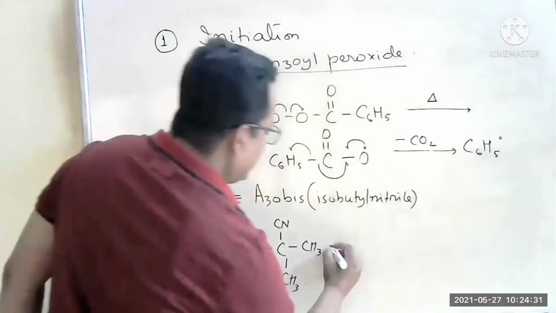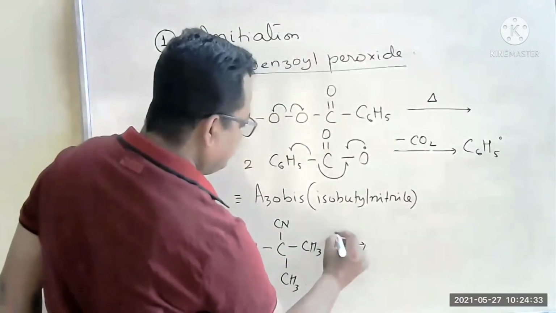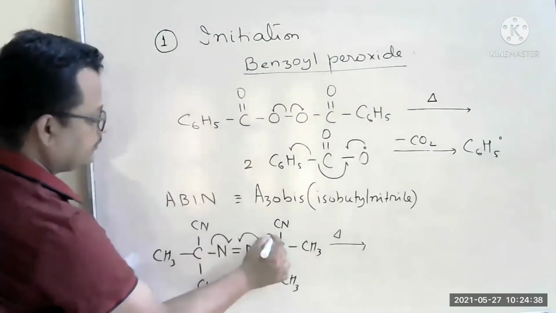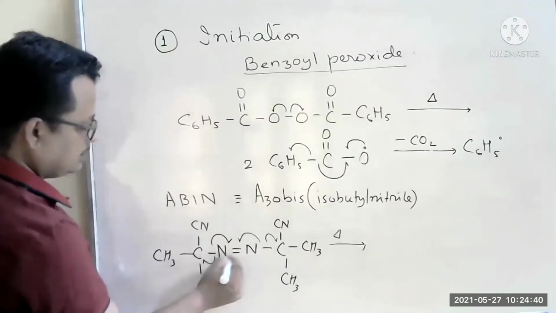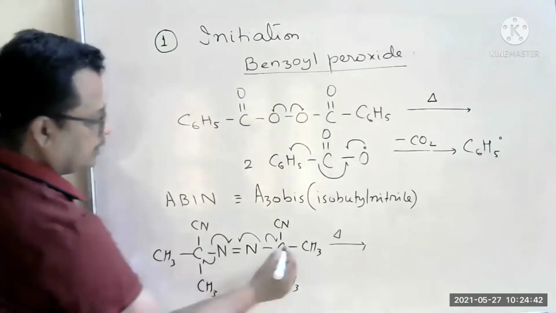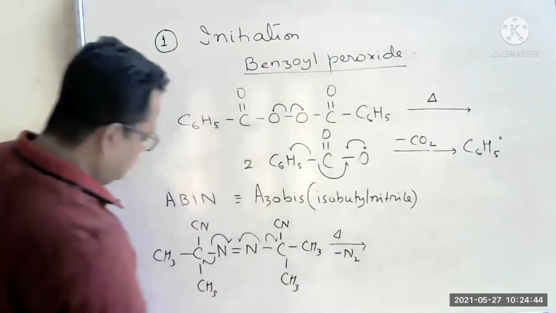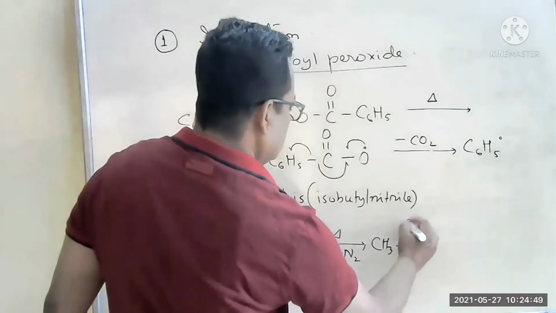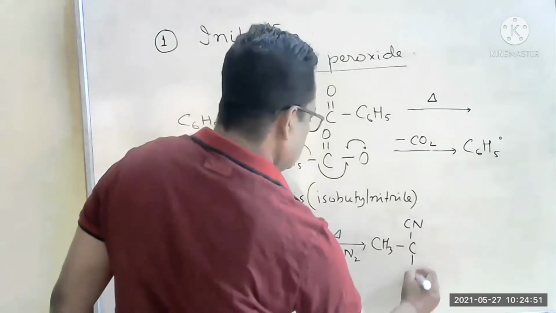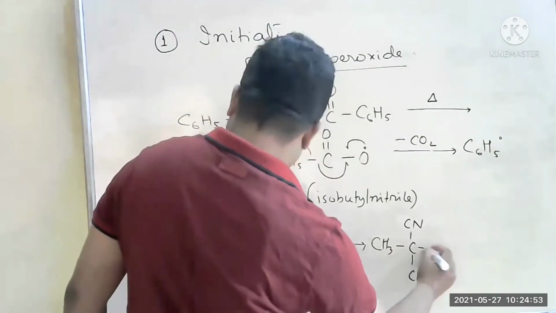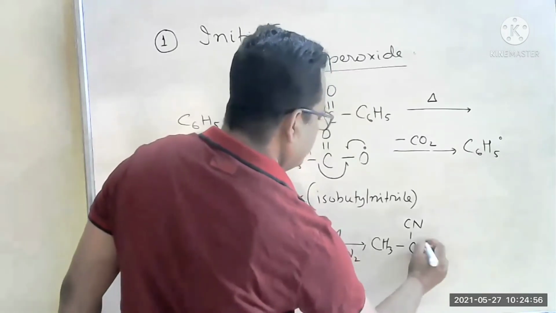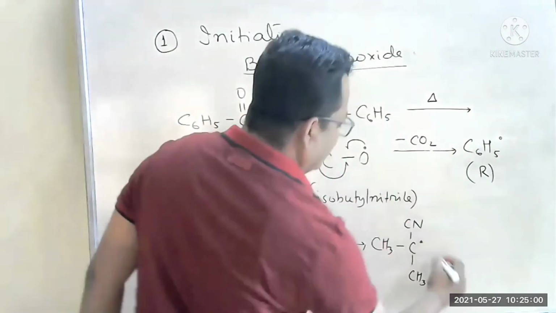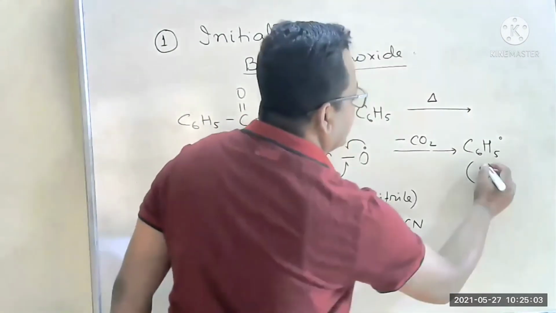Now, when I supply energy, heat, nitrogen gas will be released. Can you see? So heat, minus nitrogen, and what we will get? This is a free radical. This is also a free radical.